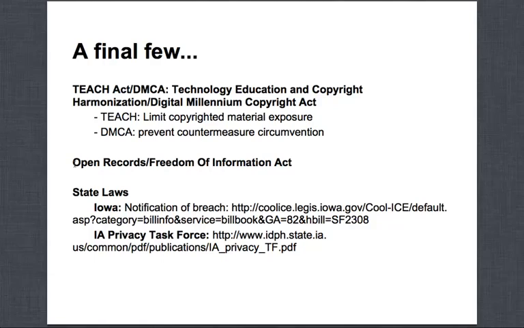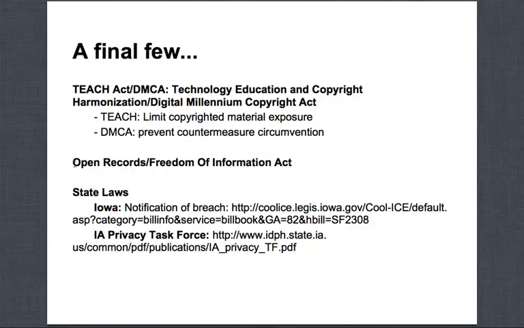There's also Open Records and the Freedom of Information Act to consider. That becomes, how are you going to extract the information if it's requested from you? State laws: Iowa has a notification of breach law on financial information, which again covers things like the universities.